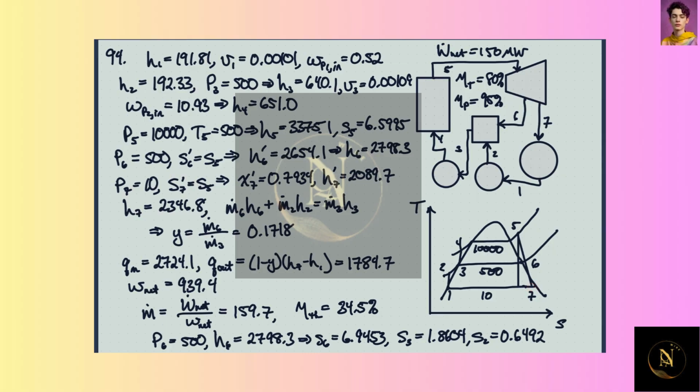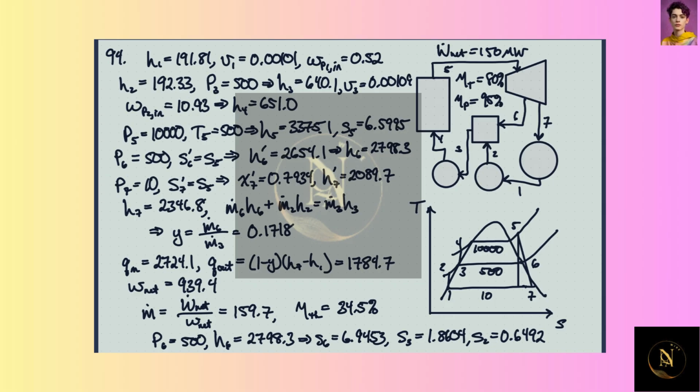Now we look at an energy balance on the, what do you call it? What is the name of that thing? The feedwater heater, right? The open feedwater heater. That's what we got here. An open feedwater heater. Energy balance on this: energy flow in, energy flow out.